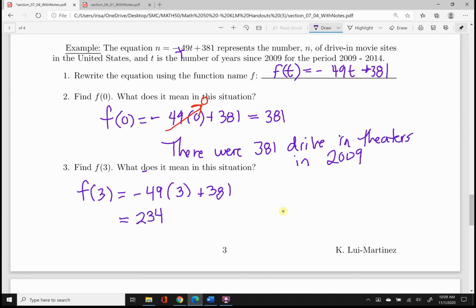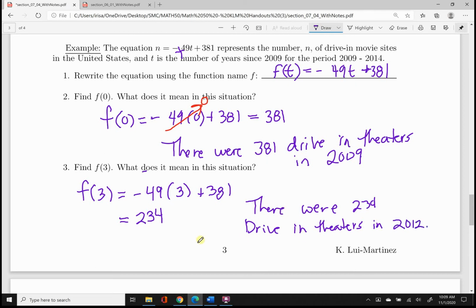And 3 is 3 years past 2009, so that'll be 2012. So what does it mean in this situation? There were 234 drive-in theaters in 2012. That's what that means.